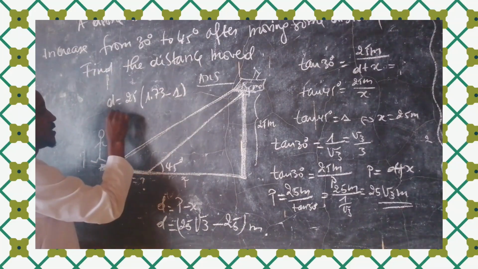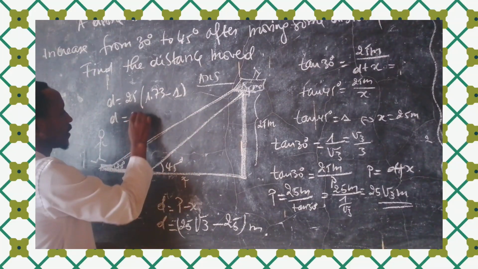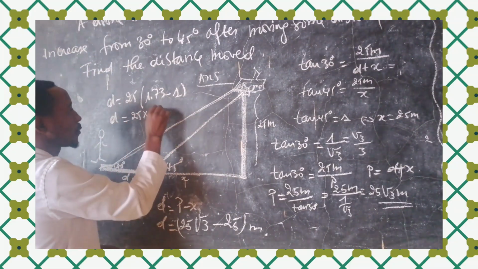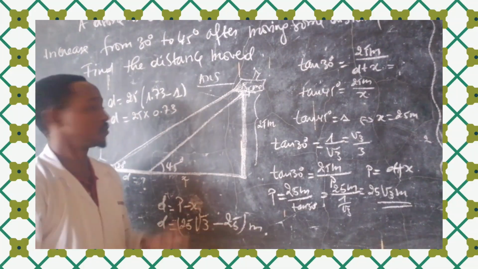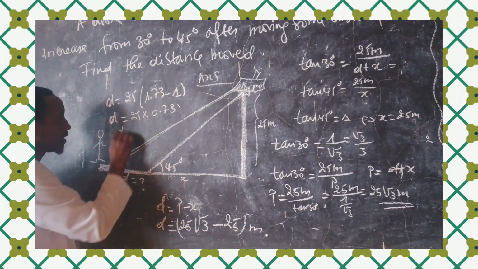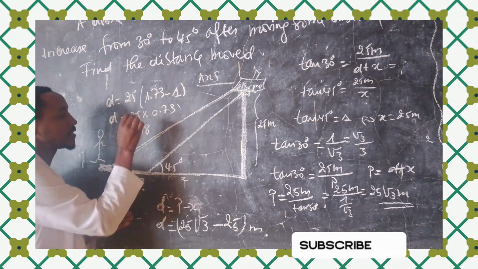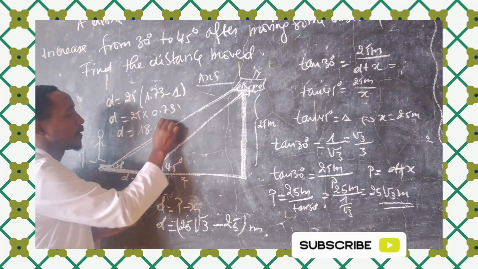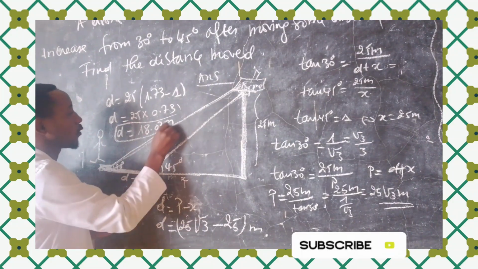So d is equal to 25 times 0.73. So d is equal to 18.03 meters. So this is the value of d.